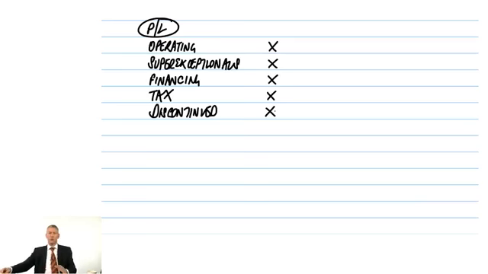Now, let me draw up a timeline for you. So the year starts over here and the year ends over there. And at the start of the year, we have a coffee subsidiary. Our main line of business is to build computers. At the beginning of the year, we build computers. At the end of the year, we build computers.